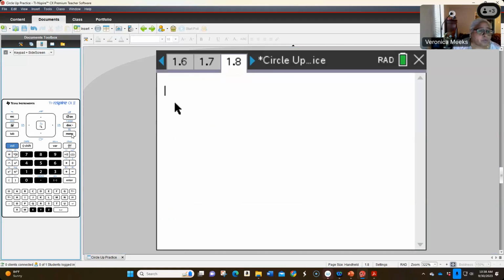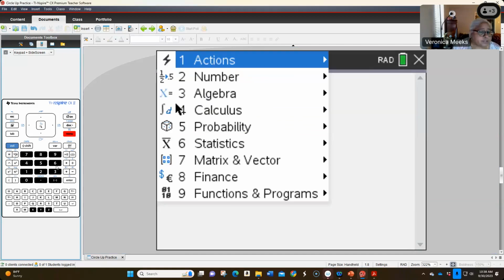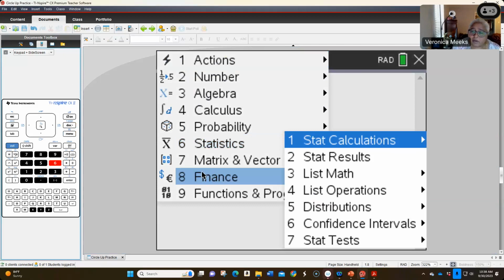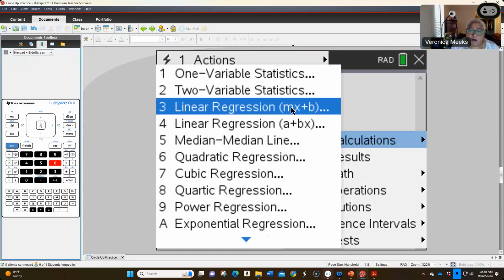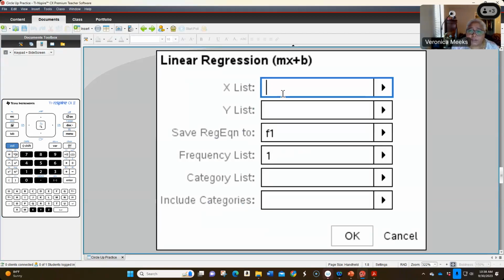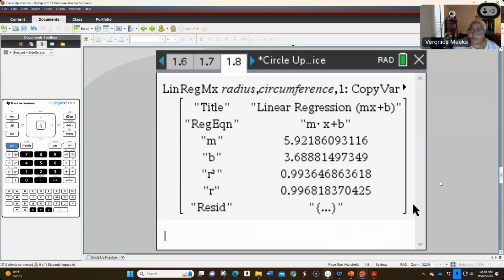And we're going to go menu, and we're going to go statistics, and we want to choose our linear regression statistics. So our lists were radius and circumference. And we click OK. And so there we have the statistics that we want, and we also have our correlation coefficient.